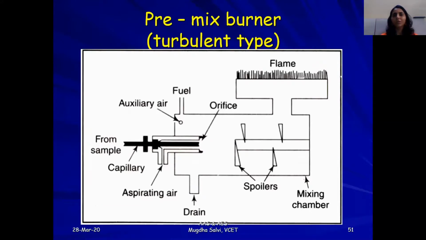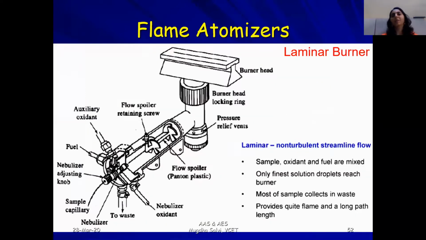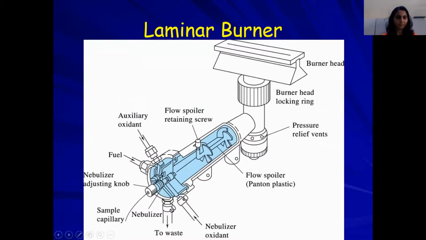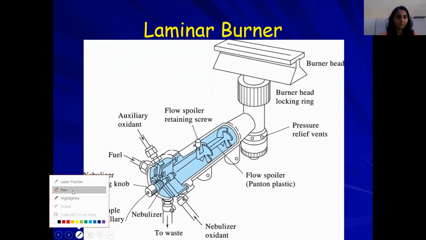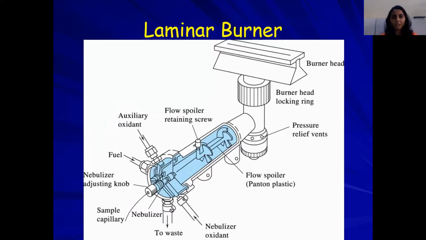This is something called a pre-mix burner. I don't want you all to get into the detail of this, but you should have the knowledge at least. This is a flame atomizer. So what is the laminar burner in this case?